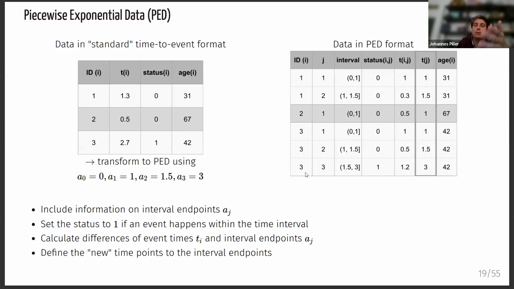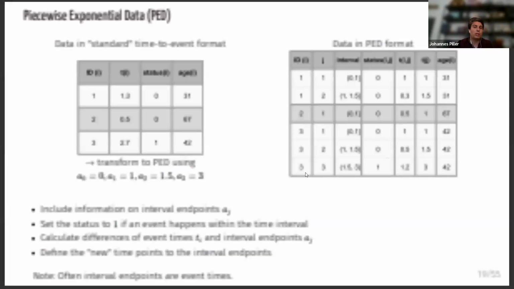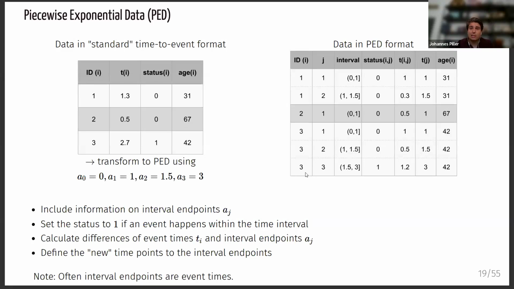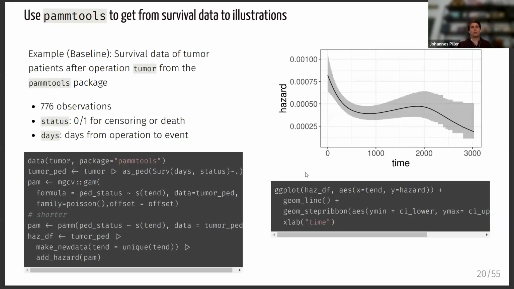But as you can see, this is somehow intuitive if your task is simple, but if you think about competing risks or multi-state, where your subjects can transition forth and back, this might be tedious, and that's why there is already a function in pammtools.